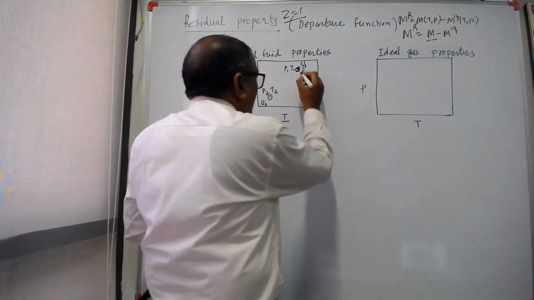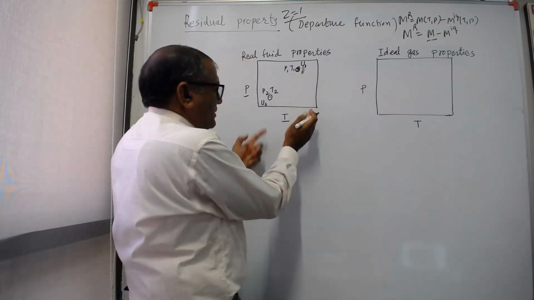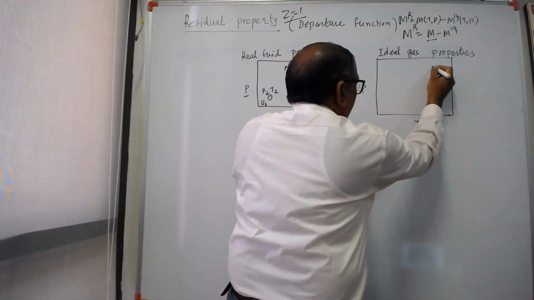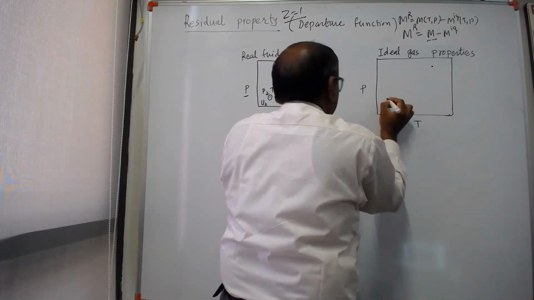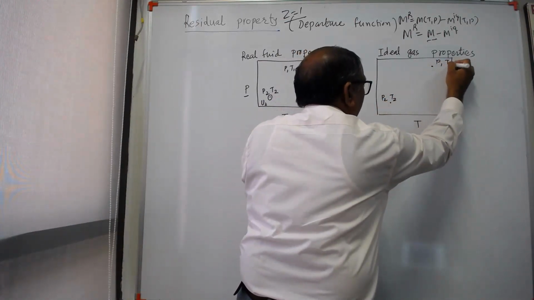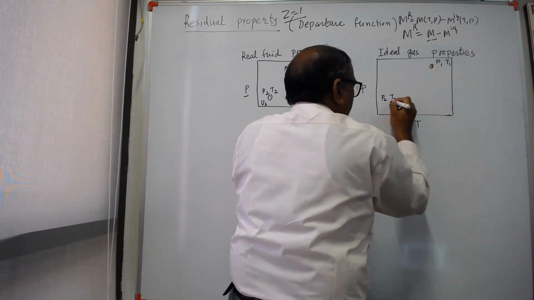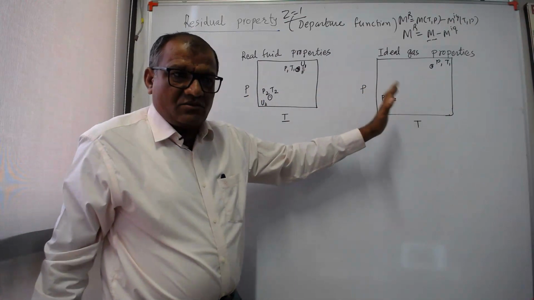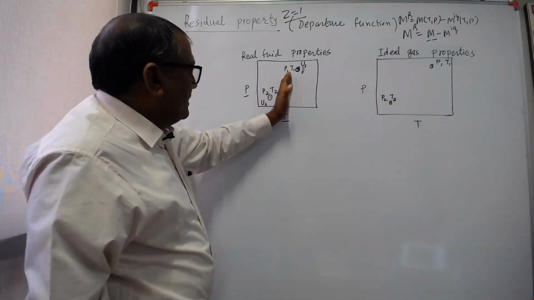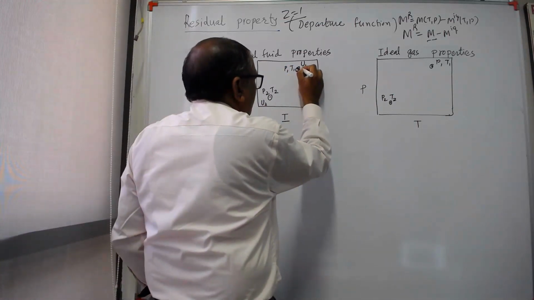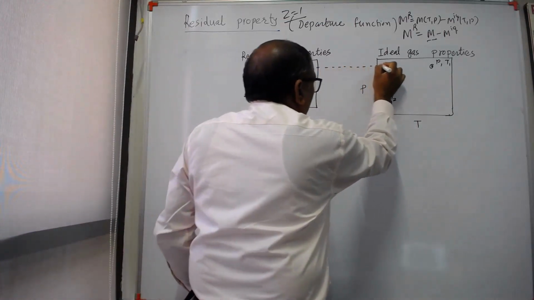So here what I am going to do, I am assuming the same pressure and temperature for state 1 and state 2, considering that ideal gas. So this is again state 1. I am assuming that it is an ideal gas, not a real gas, sorry. So P1, T1. So what we have to do, we can move from this state to this state.